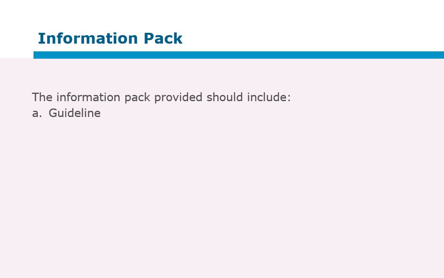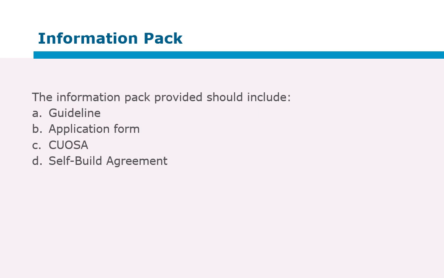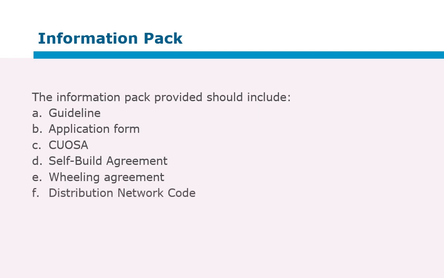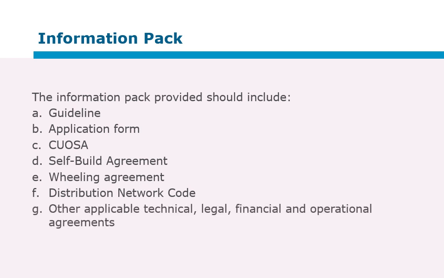Then for information on what's required, the application form, and examples of applicable agreements, which as a minimum would be the connection and use of system agreement, self-build agreement, should the customer be required to build infrastructure within the municipal area, the wheeling agreement, once again if applicable, and this may be embedded into the KIOSA, the distribution network code, which provides the requirements from the grid code perspective, and other applicable technical, legal, financial, and operational agreements.